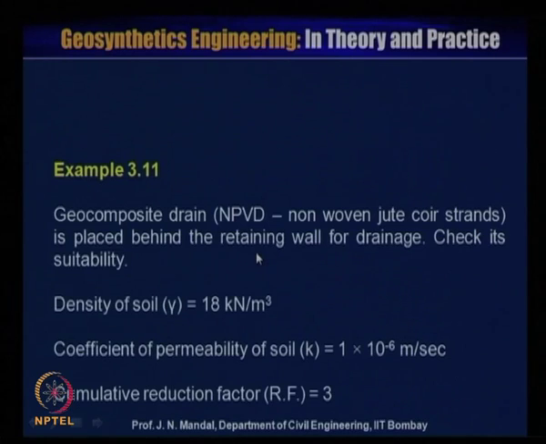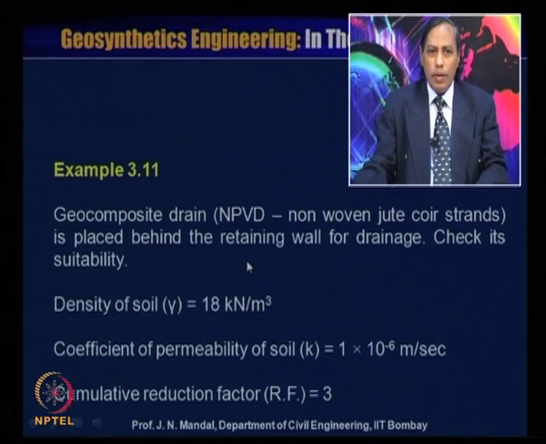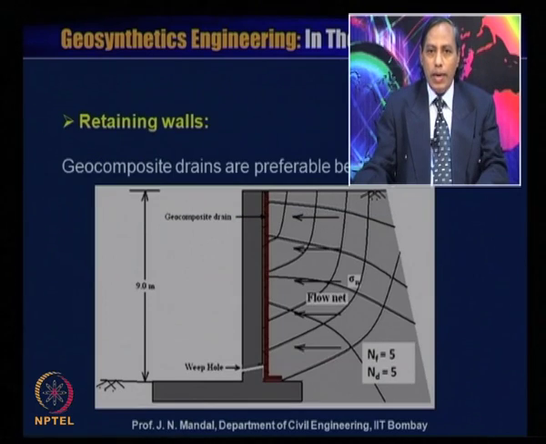So, here I am giving one example. This is geocomposite drain. This is non-woven jute coil grade NPBD placed behind the retaining wall for drainage, and we check its stability. Generally, it should be a polymer material, because we have performed tests also for the natural prefabricated geocomposite drain.